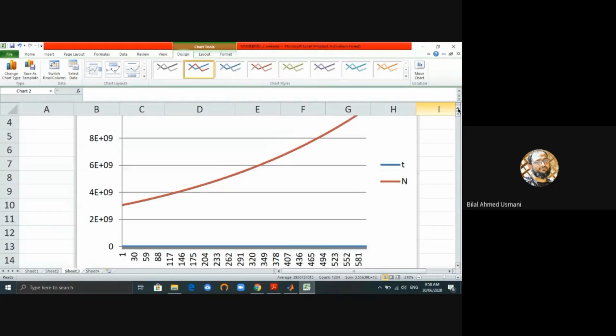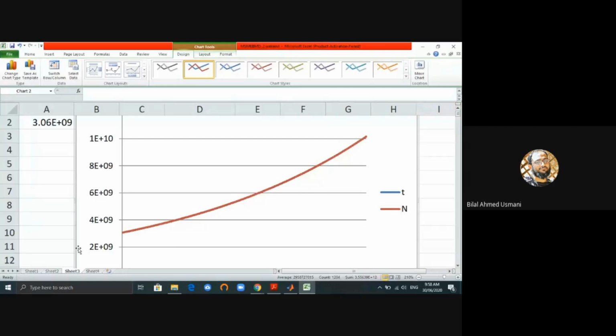Okay, that was badly drawn. Forget the time. But you can see that it shows an exponential increase. So we start at 3 into 10 to the power 9, and after some time we are almost at 10 into 10 to the power 9, or 1 into 10 to the power 10, something like that. So that's actually an exponential increase. So we are increasing exponentially.